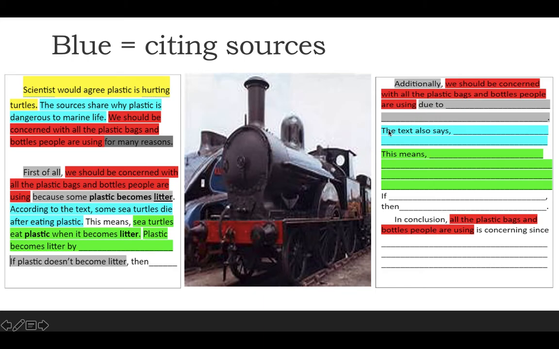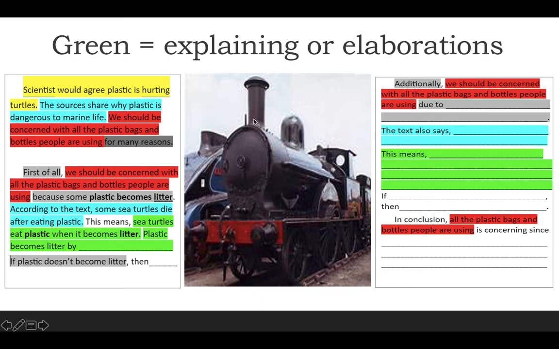Okay, and then my green is explaining or elaborating, and this is the most important part of the E section, explaining the evidence that I talked about. So notice what I did here. I took what I was talking about here and I repurposed it again, just like I did for my controlling idea.